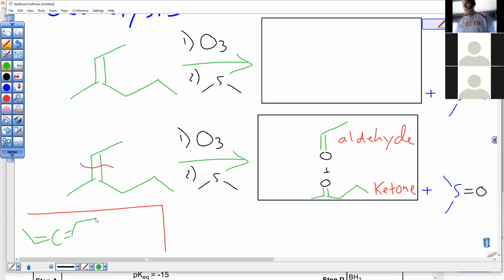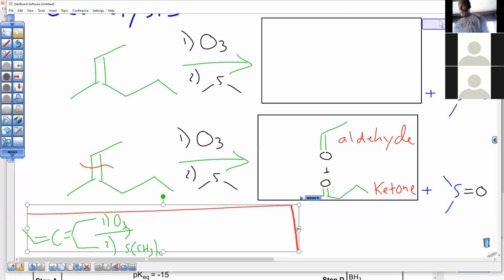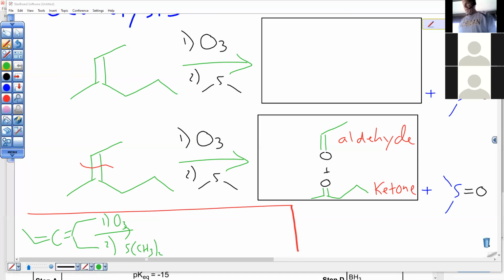And say it went like this, and we did the ozone, and we did the sulfur with 2 methyls. Sometimes it shows like that. What are you going to get there? Let's see. You're going to get a double bond to the left to oxygen.